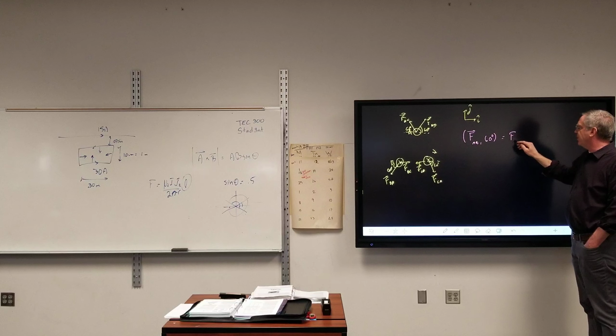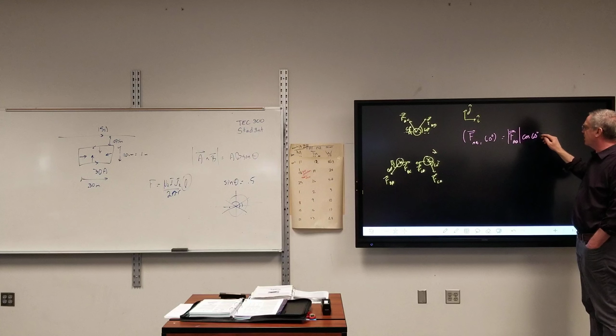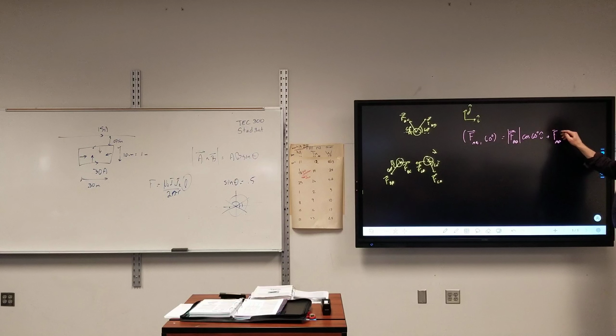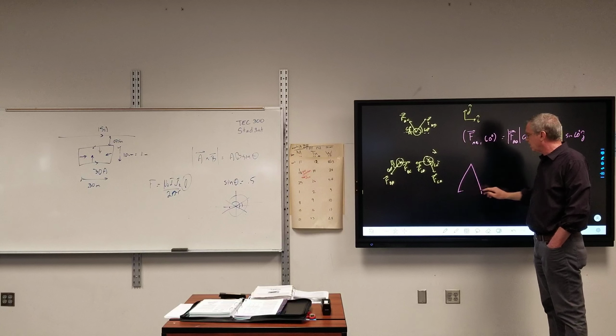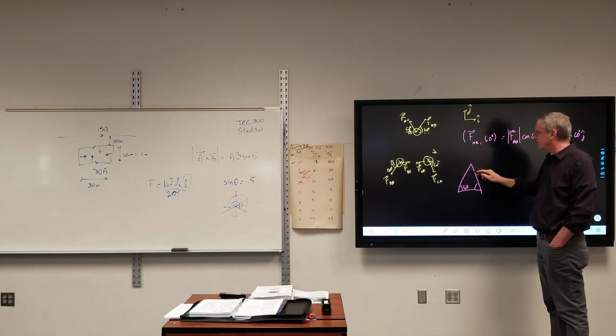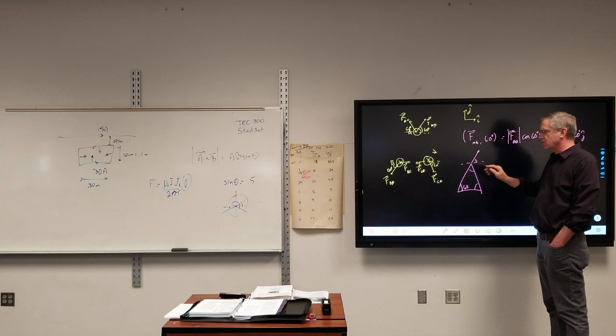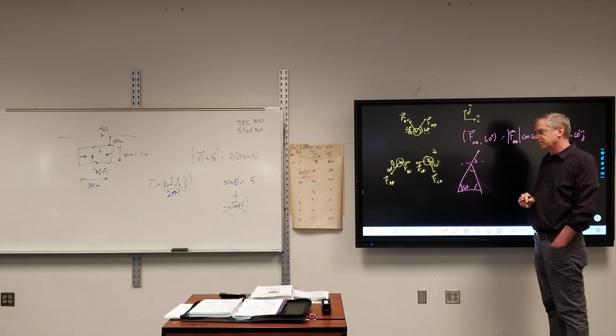That's going to be the magnitude of F_AB times the cosine of 60 degrees I hat, plus that magnitude times the sine of 60 degrees J hat. Where are we getting 60 degrees from again? Equilateral triangle. That's 60, 60, and 60. That force is along this line right here. Since that's a 60-degree angle there, that's a 60-degree angle there. Yeah, okay. Oh, okay, I got it.